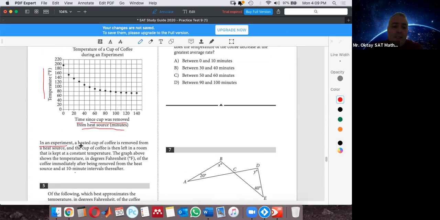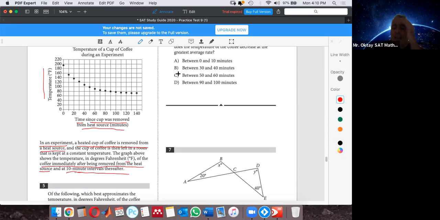In an experiment, a heated cup of coffee is removed from a heat source, and the cup of coffee is then left in a room that is kept at a constant temperature. The graph above shows the temperature in degrees Fahrenheit of the coffee immediately after being removed from the heat source and at 10-minute intervals thereafter.